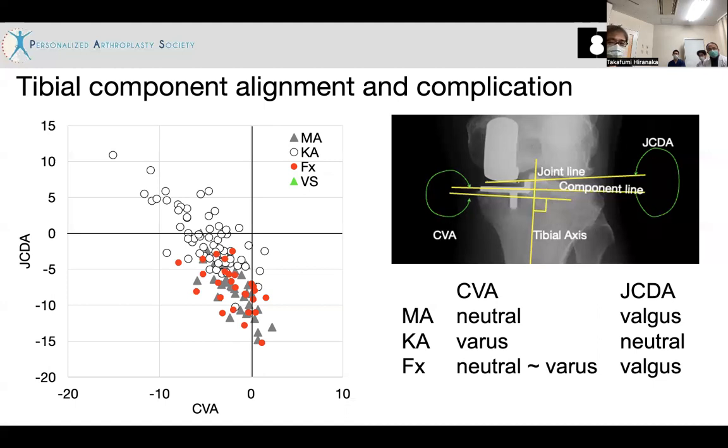So I think setting it parallel to the joint line is very important to prevent fracture. The valgus side is interesting. So it can occur in both negative, valgus against both the tibial axis and the joint line.